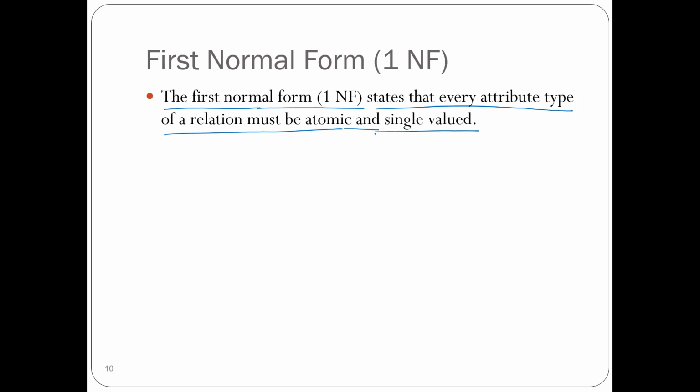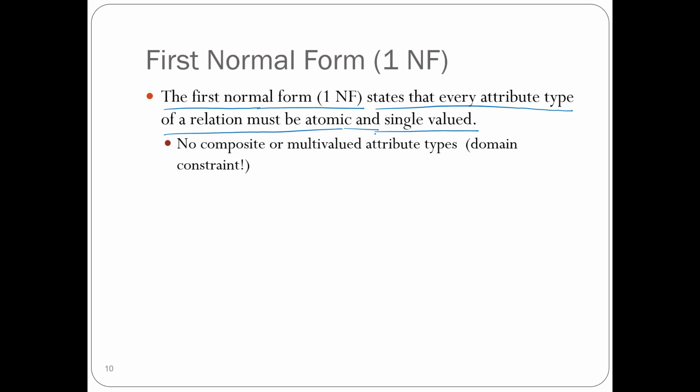And it should be single valued. As an example, social security number is a single valued attribute type, whereas phone number and email are not single valued, because it is possible to have more than one value for the phone number as well as email.